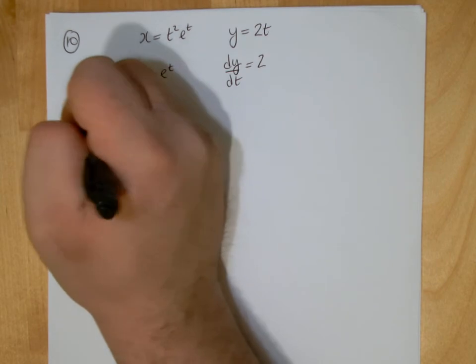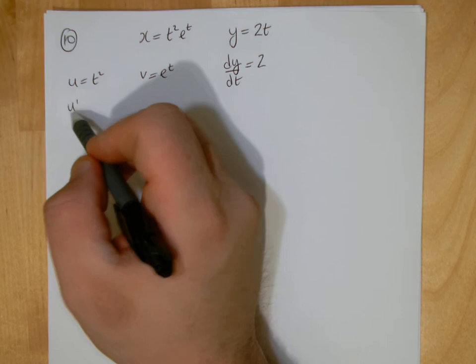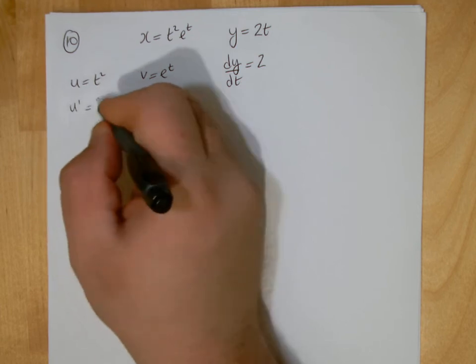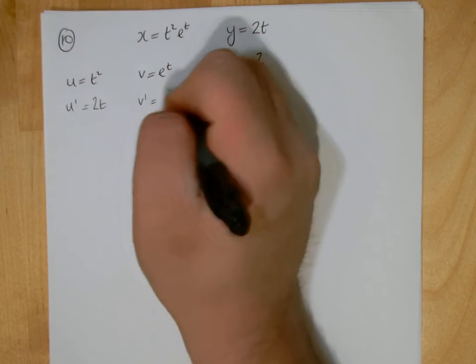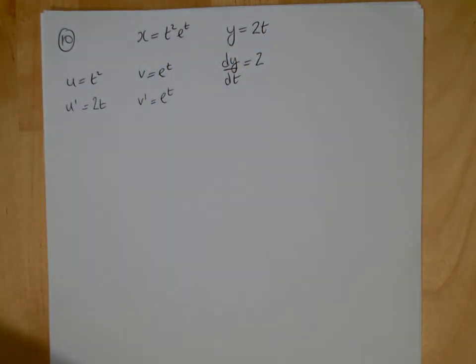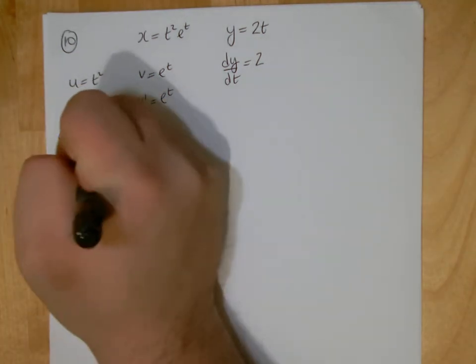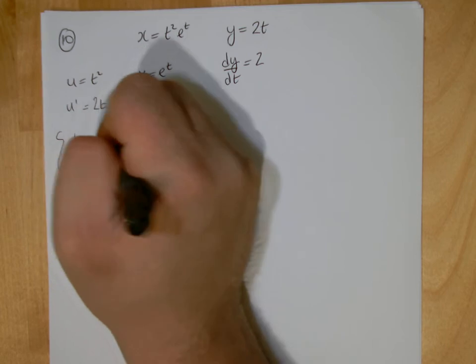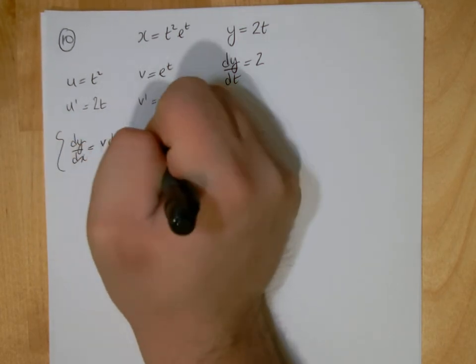And then you differentiate. So u becomes u dash, and differentiating that is easy, it comes to 2t, and differentiating v gives v dash, and that's easy because it just stays the same. So you remember the product rule then, right? The basic rule that you remember, dy dx is v du dx plus u dv dx.